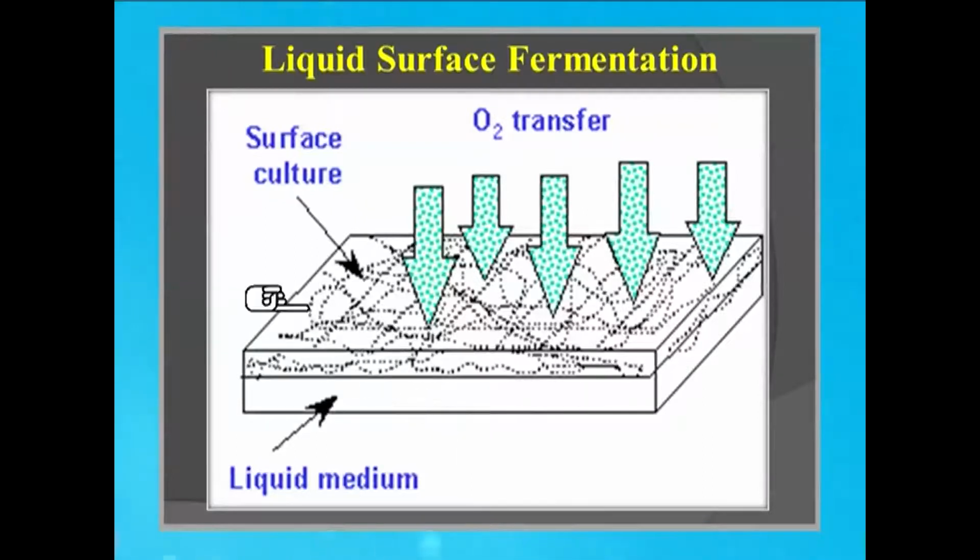This is the surface culture of Aspergillus, and oxygen diffusion is optimum on the surface, and whatever nutrients they require in the form of salts and others, they take through their substrate hypha from the bottom, which is liquid in nature. And we can very well see the depth or height of the liquid taken is very, very less. So, surface area should be more and the depth should be less. That is the prerequisite for any liquid surface fermentation.